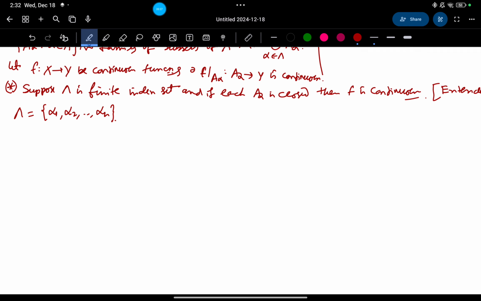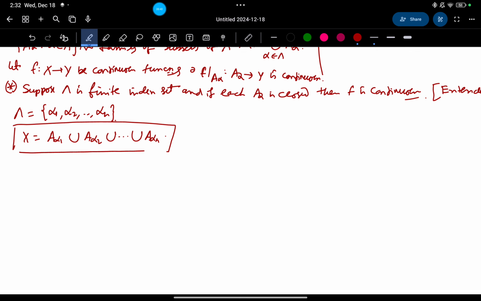We consider that X equals A alpha 1 union up to A alpha n. Suppose we consider A alpha 1 union with A alpha 2.